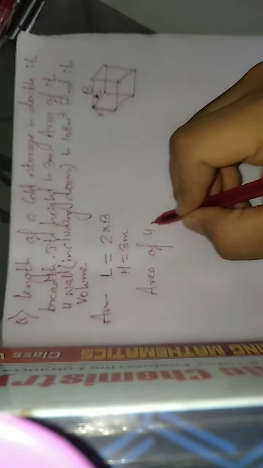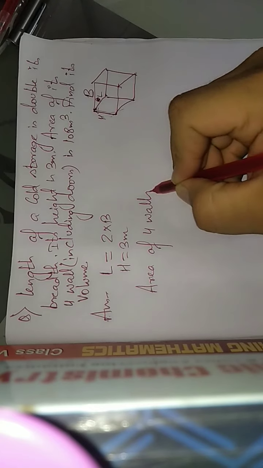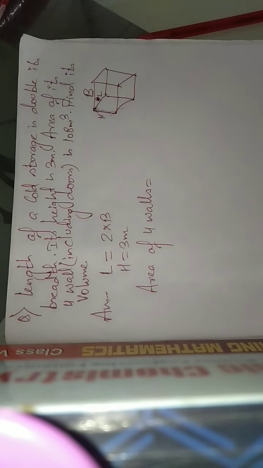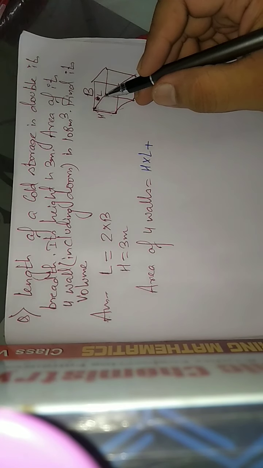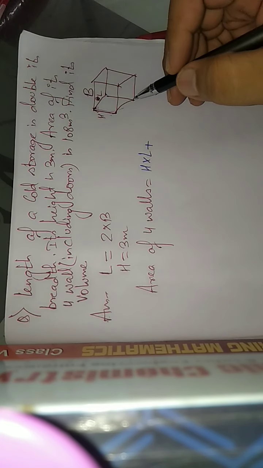Area of four walls is equal to the first one, this wall. This is length, this is height, so height into length, plus the area of this wall, which is again height multiplied by length.